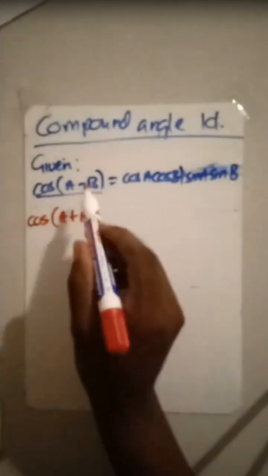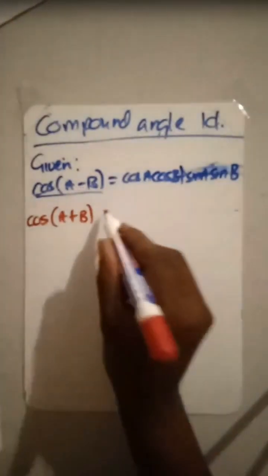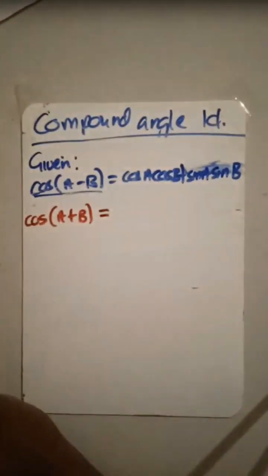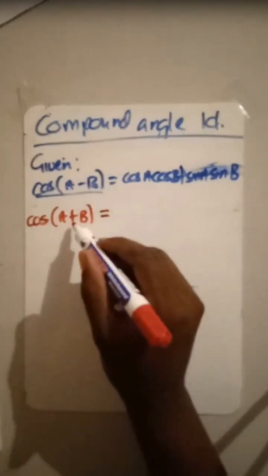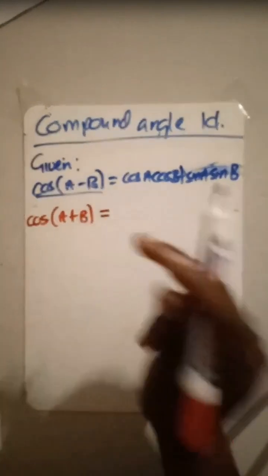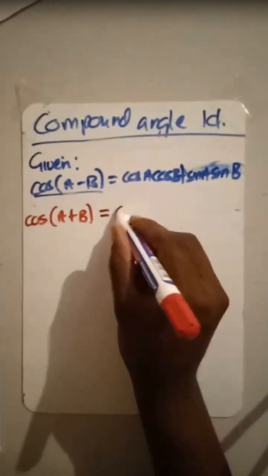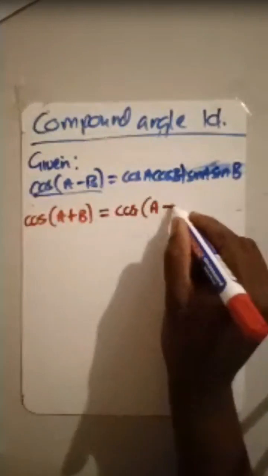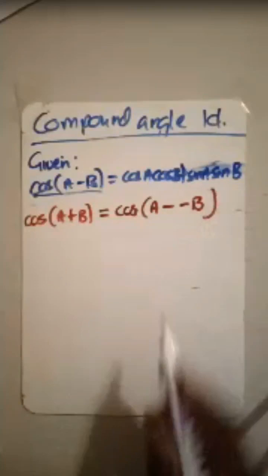But here we are going to use something that is having a negative. So how do we get a negative here if we are having a positive? Right, it's simple, guys. Remember that to get a positive, it is a negative and a negative. So this is the same as cos(A minus negative B), like that.